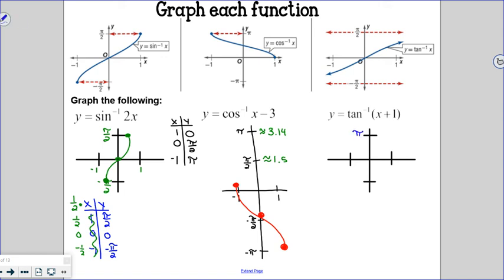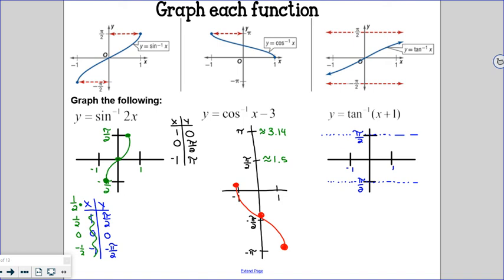Our normal graph would go pi over 2 down to negative pi over 2, negative 1 to 1, and it would have horizontal asymptotes running here and down here. And if I take a horizontal line and slide it to the left, isn't it still the same exact horizontal line? So horizontal changes do not impact horizontal asymptotes because all it's doing is taking that same line and shifting it, which is the exact same horizontal line.